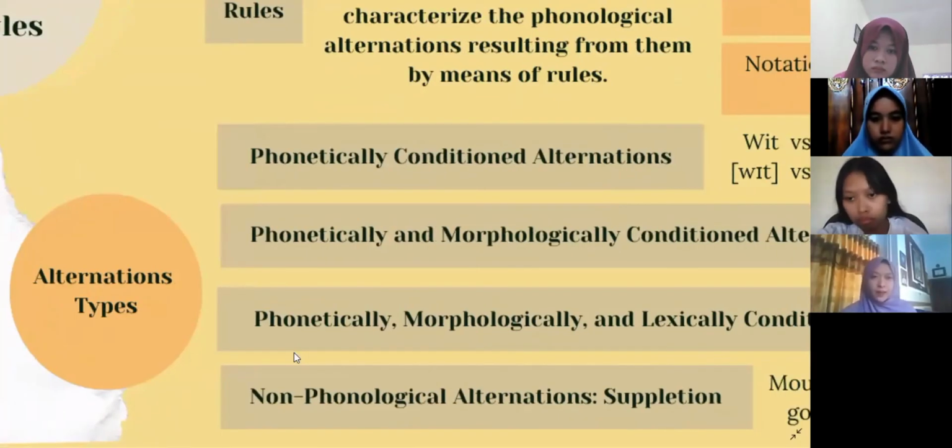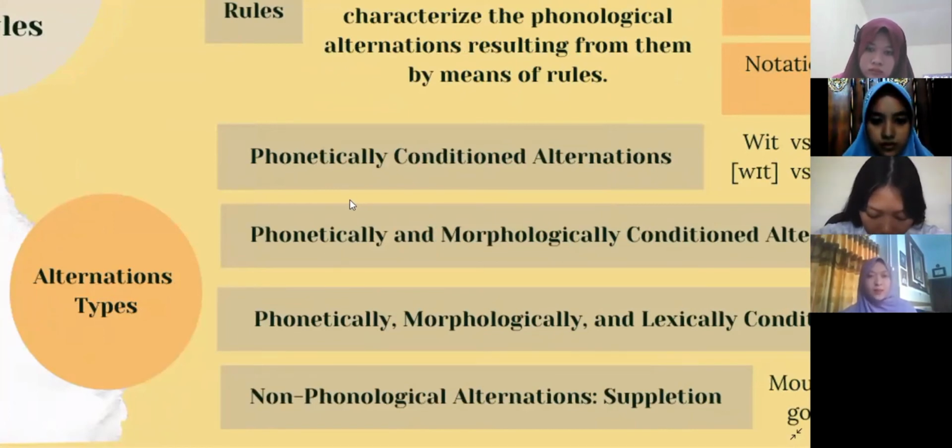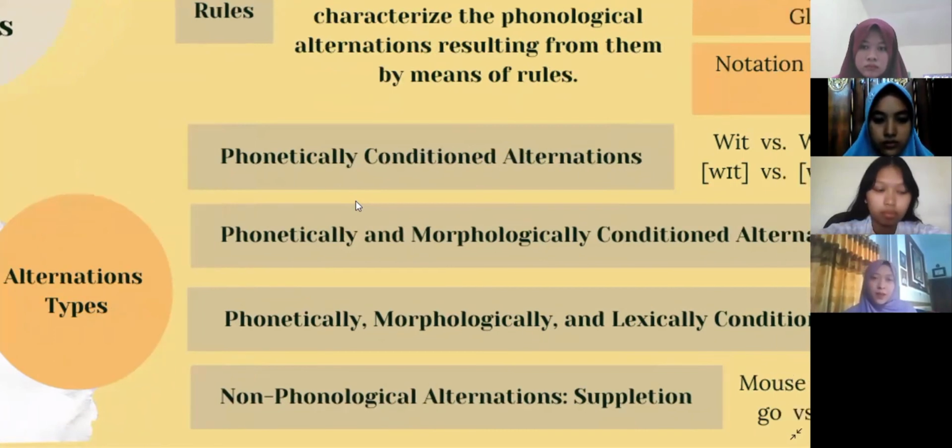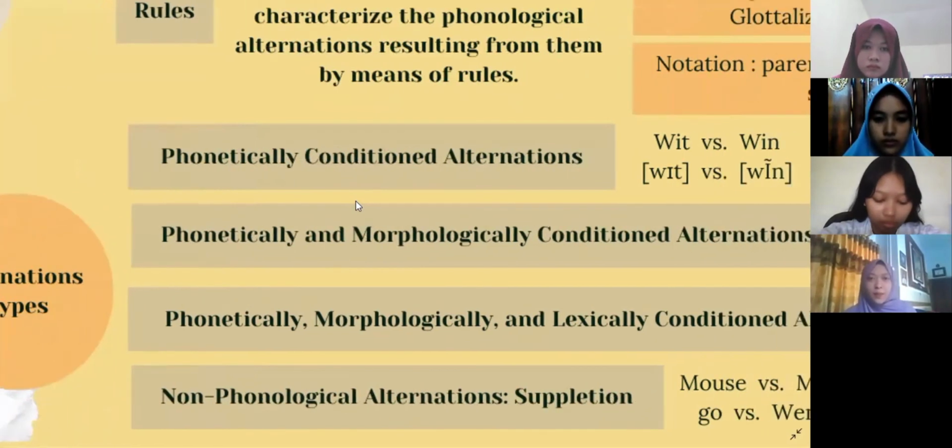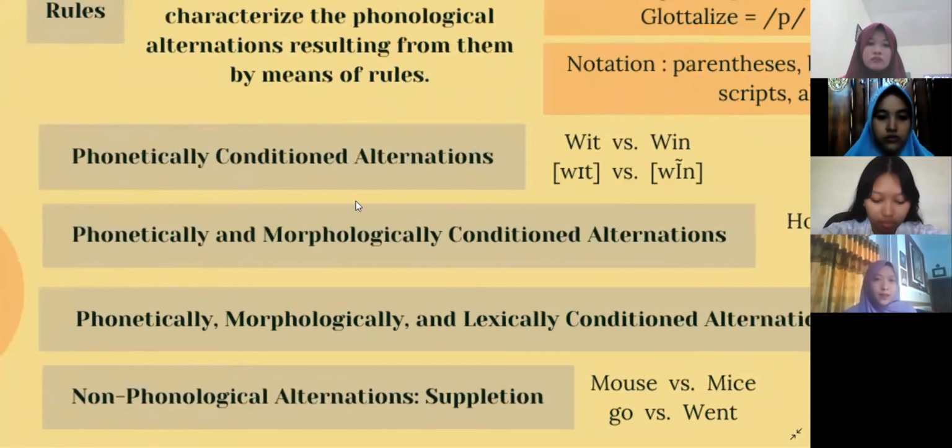Okay, next is the alternation types. Davenport and Hannahs, 1998, have divided alternation types into four, the first of which is phonetically conditioned alternation. So I'm going to explain the phonetically conditioned alternation first.